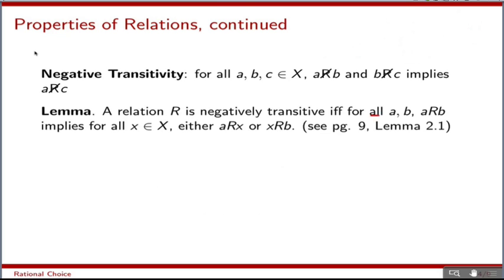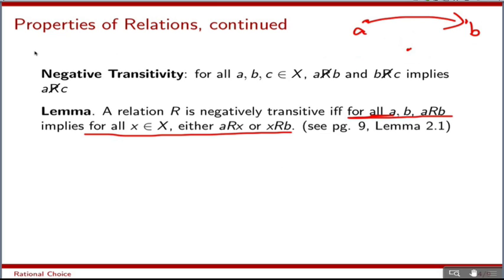It says that for all A and B, if I know that A is related to B, so I have a comparison I can make between A and B, then that tells me for any other element X, it must be the case that either A is related to X, or B is related to X. So if A can see B, then for any other object, either A can see X or B can see X.